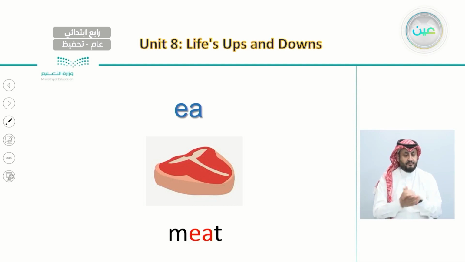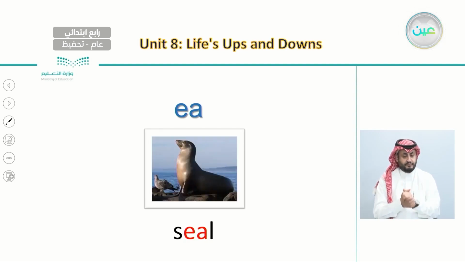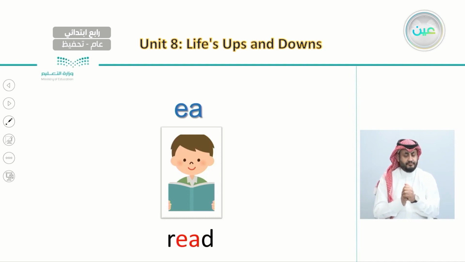And we have seal. Say with me, seal, which is an animal that lives in the sea. And finally, we have reed. Reed. Very well. So this is the last word of the EA words.